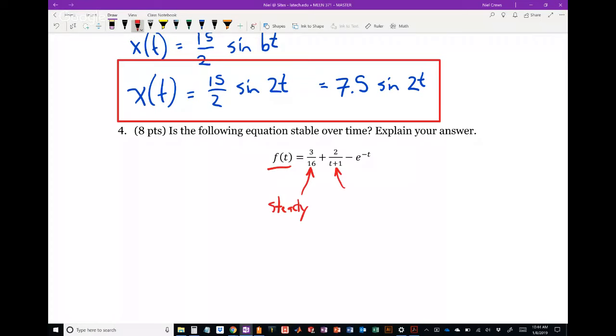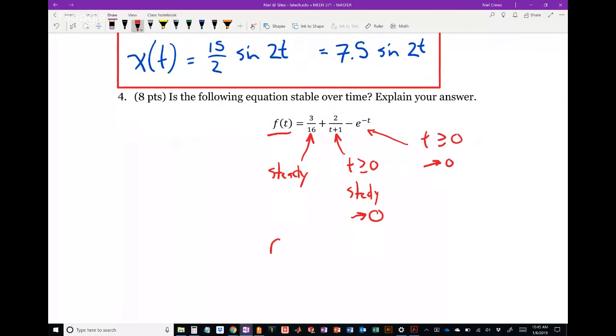So if t was -1, this would be infinity, but t never goes into the past, right? So since t is always going to be greater than or equal to 0, then this one is also steady in that it approaches 0. Okay. Since we have a negative t here, and since t does not go to negative infinity, it's always greater than or equal to 0, then this also is going to approach 0.